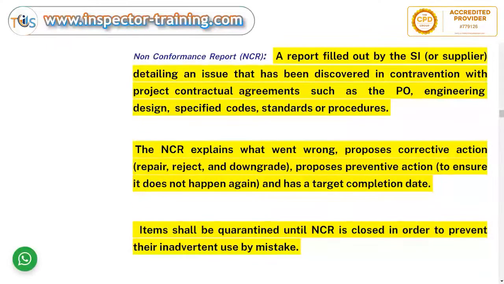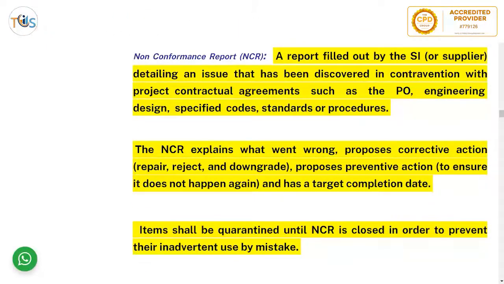Non-conformance report, NCR, is a report filled out by the source inspector or supplier detailing an issue that has been discovered in contravention of the project contractual agreements such as the purchase order, engineering design, specified code, standard, or procedure. The NCR explains what went wrong, proposes corrective action, repair, reject, or downgrade, and proposes preventive action to ensure that it doesn't happen again.